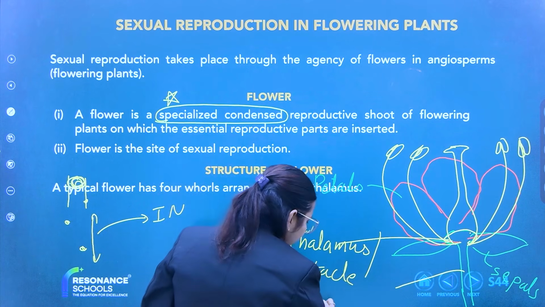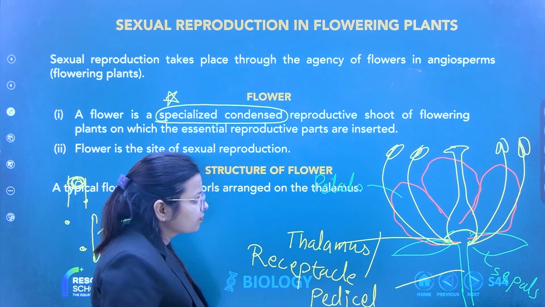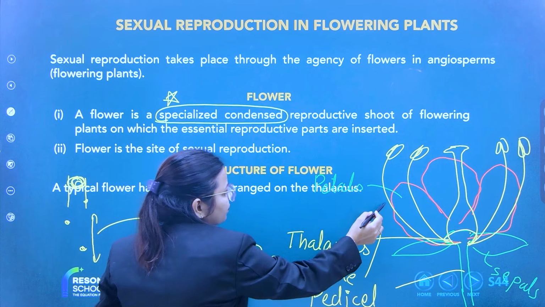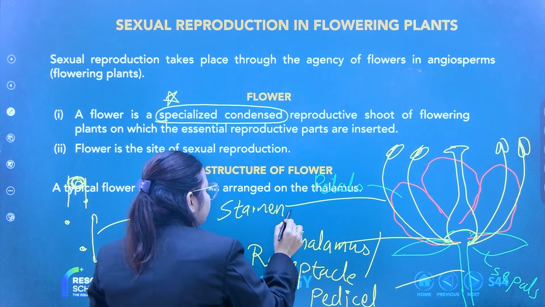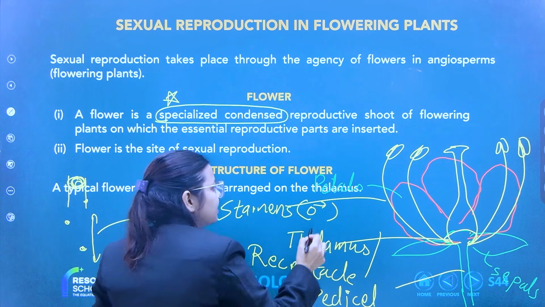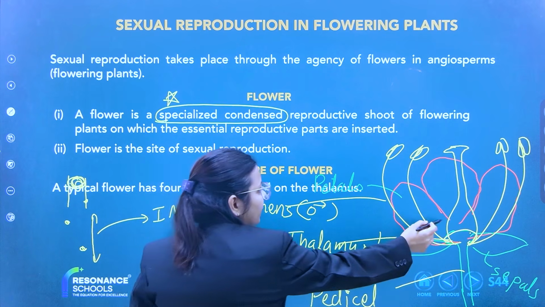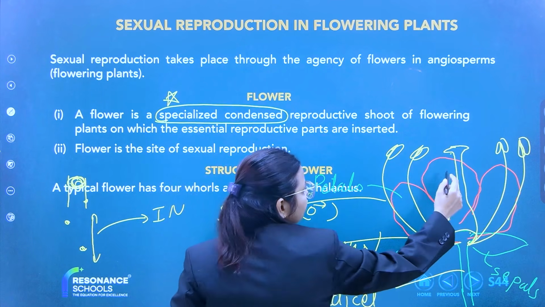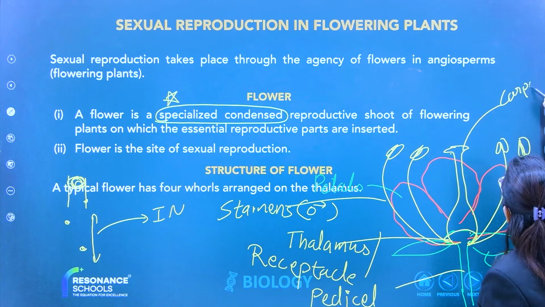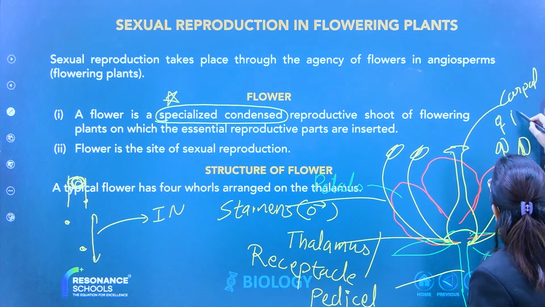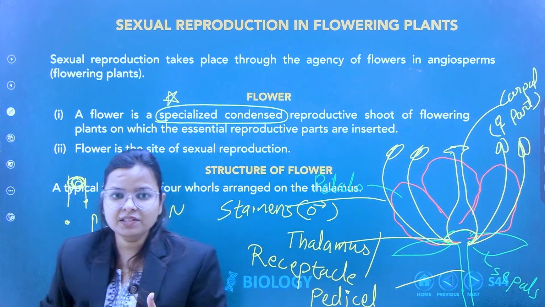This part is your pedicel. These are stamens. Stamens means the male sex organ or male part of the flower. And this is your carpel. Carpel is the female part.